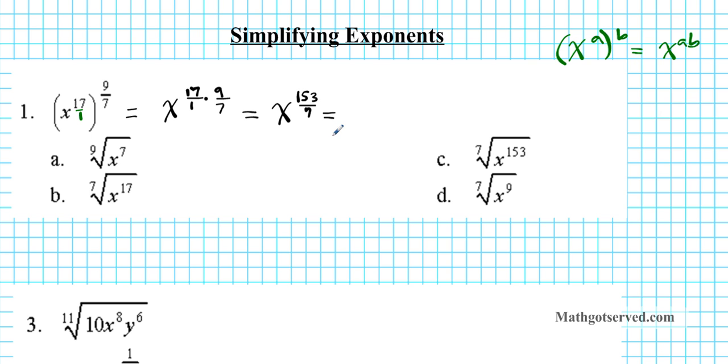Now we're going to apply the fractional exponent property to this situation right here. The denominator is a root and the numerator is a power. So we can express this term as the 7th root of x to the 153. Alright, we can clearly see that our answer is option letter C.